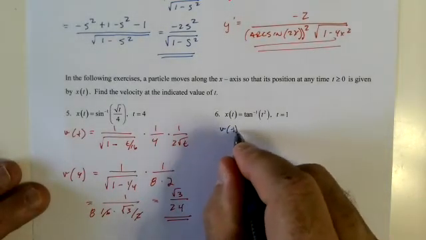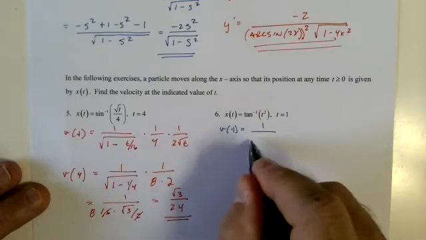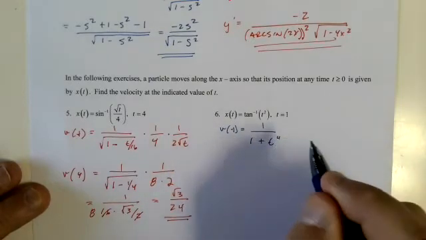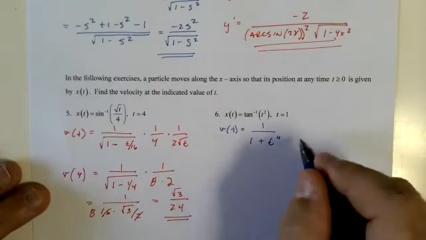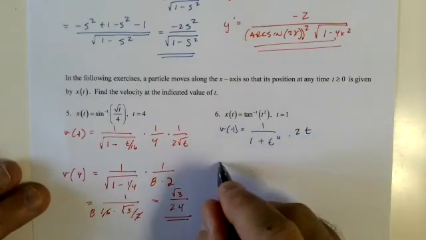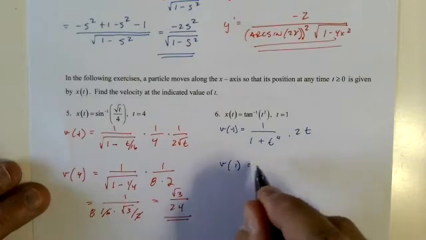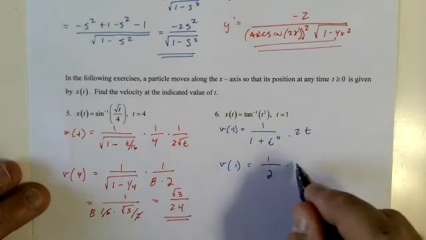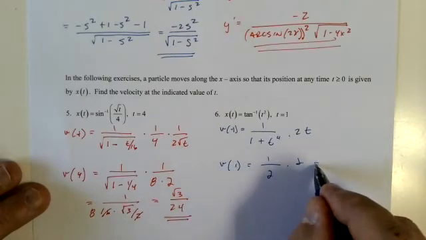V of t equals 1 over 1 plus t to the 4th times 2t. V of 1 equals 1 over 2 times 2 equals 1.